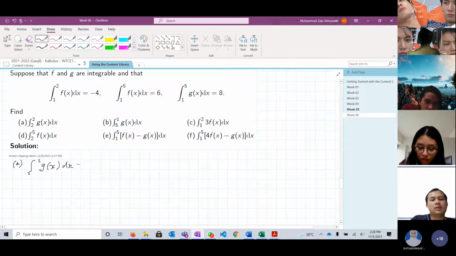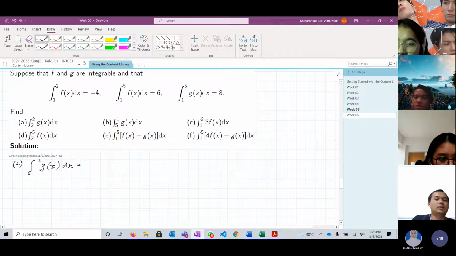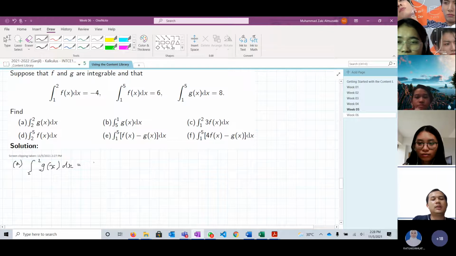What is it? So the lower limit is 2, the upper limit is also 2, then in this case the integral is 0.